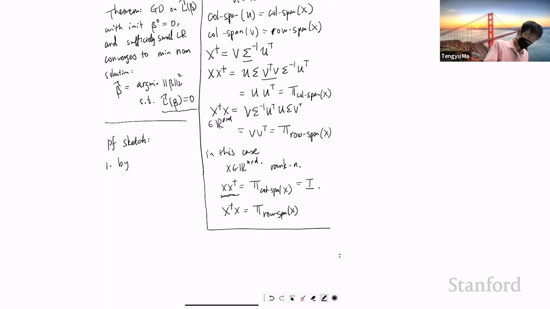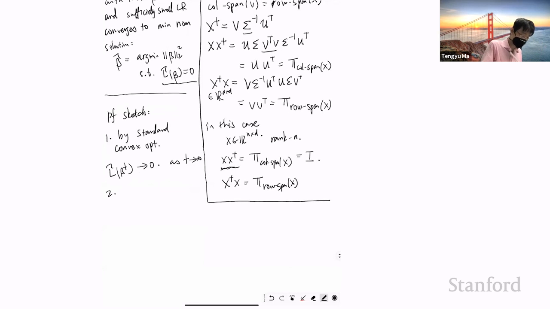So the first step is that if you do standard convex optimization, you know that this goes to 0 as t goes to infinity. You know that if you run for a long time, then your loss will become 0. I'm not going to show how to do this, but you can invoke any off-the-shelf optimization result.